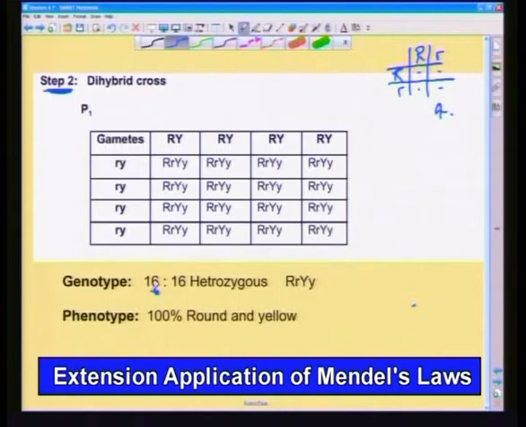Right. Our dihybrid cross, there's our first parents. Remember, the parents were capital R, capital Y, and small r, small y. So now we cross them. Pick one of your traits. So you pick one trait, and you look at the dominant trait.